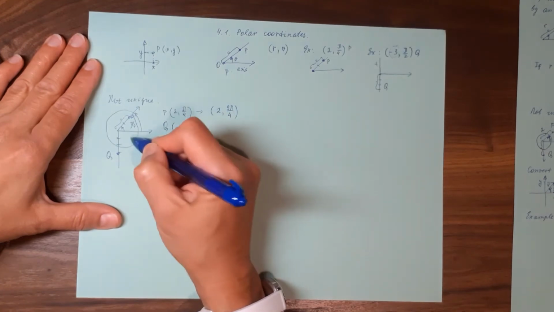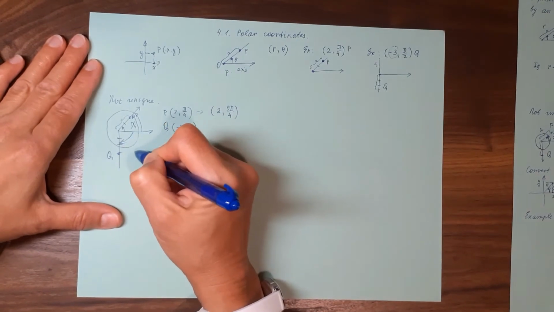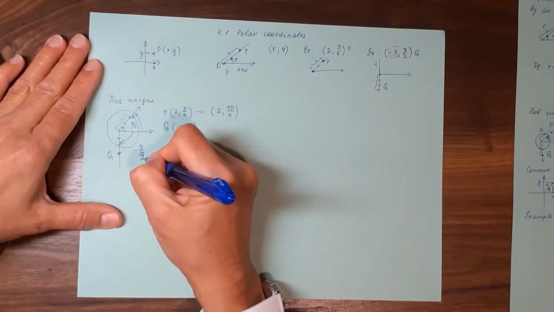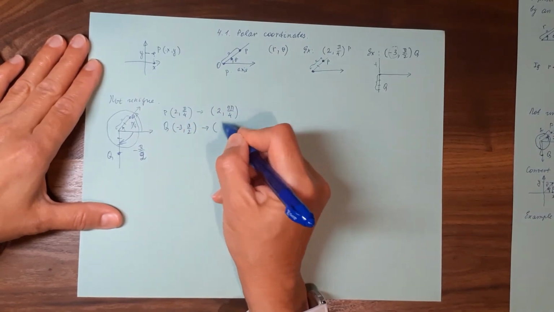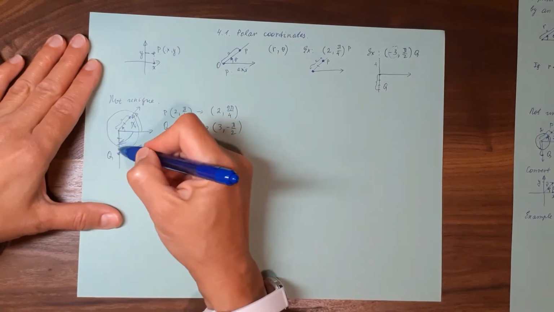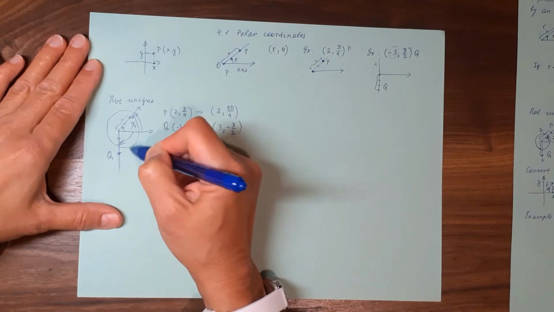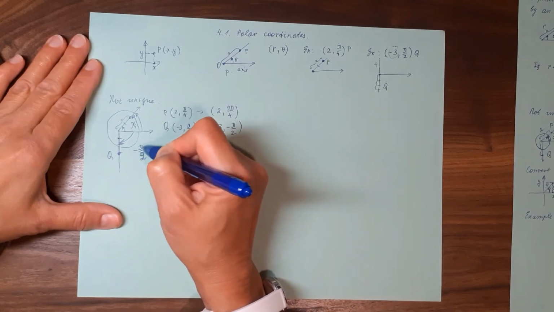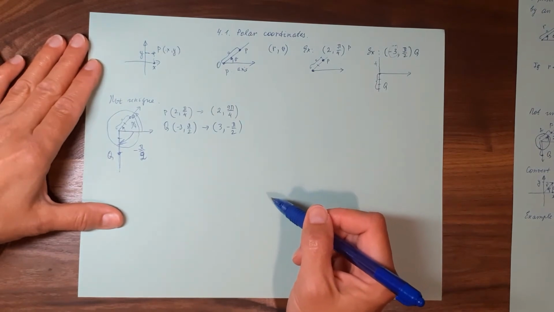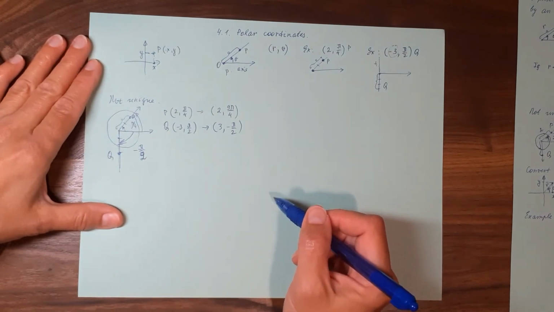The clockwise direction of angle theta is negative. So actually it's negative pi over 2. And if I use the negative angle, then point Q sits directly on this side, right? So I'm not going to put any minus in front of the distance. And you see, two different representations for the very same points P and Q.